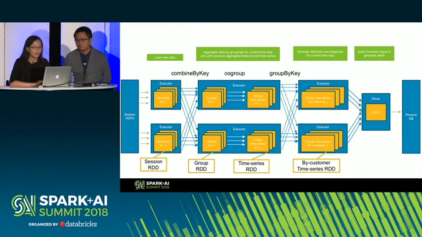After this time series RDD is generated, the cluster runs the anomaly detection algorithm on each partition in parallel, and the alerts are generated and persisted. All of these jobs need to run periodically. Right now we are using a 1 minute batch, so the jobs are supposed to be done within a minute.